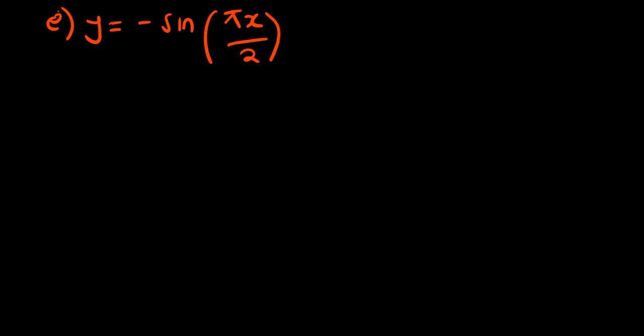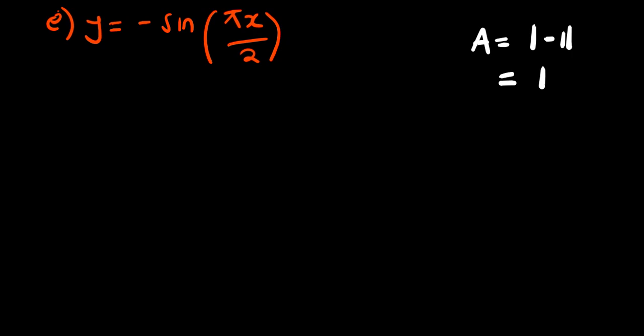So we're still going to find the amplitude. So the amplitude, in this case, is the absolute value of the coefficient of the function. Now you're able to see that the coefficient is negative 1. Okay, so I'm going to put the absolute value of negative 1. Then initially we said the absolute value of any number, whether positive or negative, is that number without the sign. So the absolute value of negative 1 is just 1.